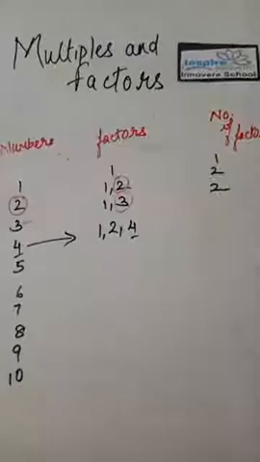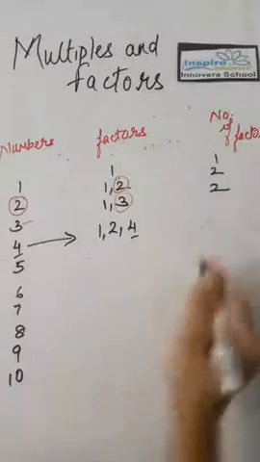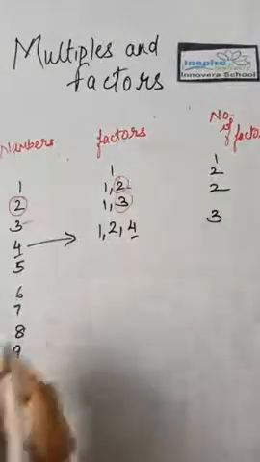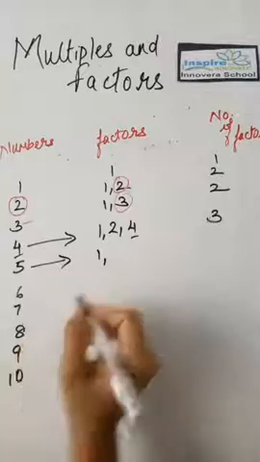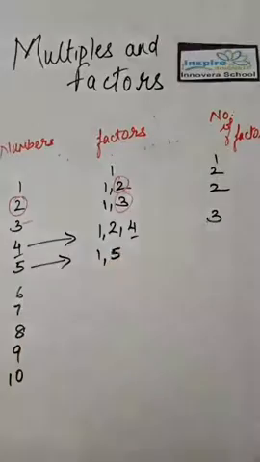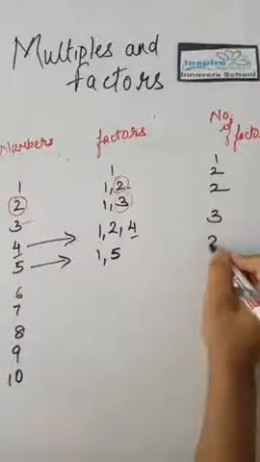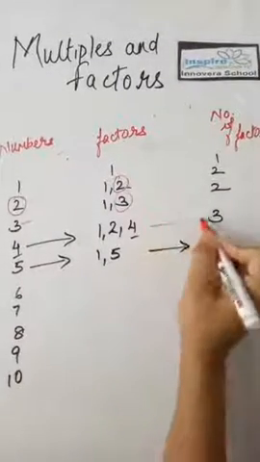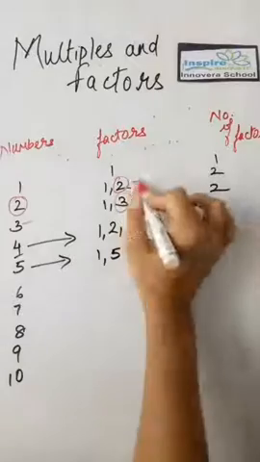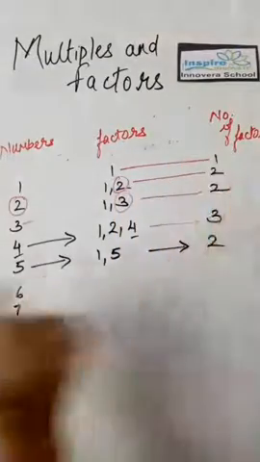So the number of factors is 3. Now 5, 1 and itself, so the number of factors is 2. Number of factors here 3, here 2, here 1, here also 1.